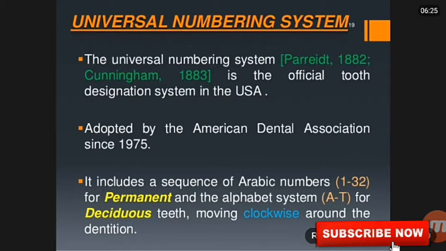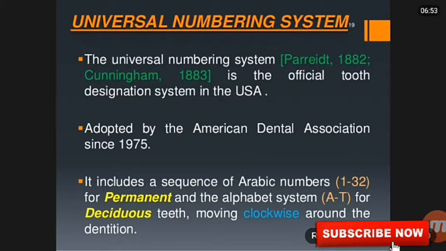In the Universal notation for the permanent dentition, the maxillary teeth are numbered 1 to 16, beginning with the right third molar, which is number 1.